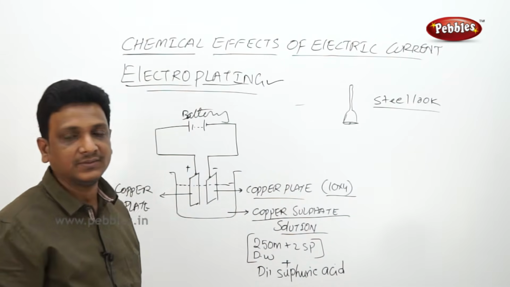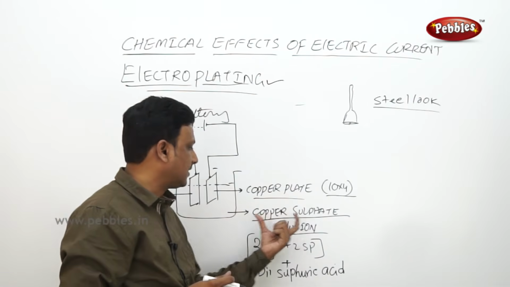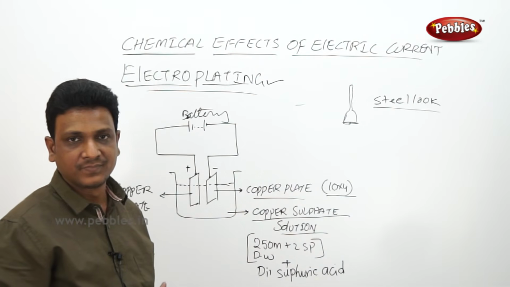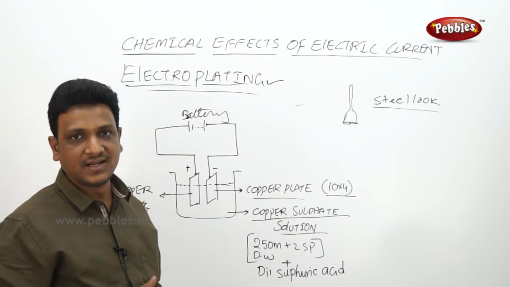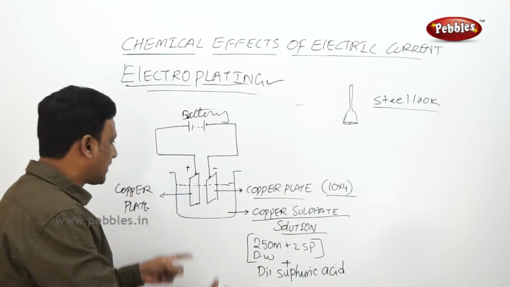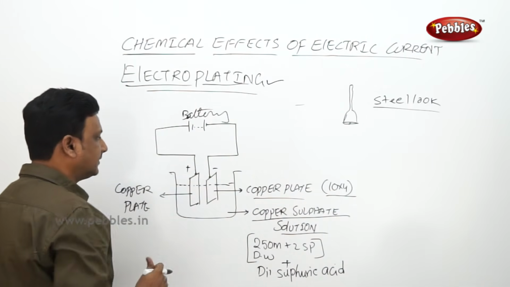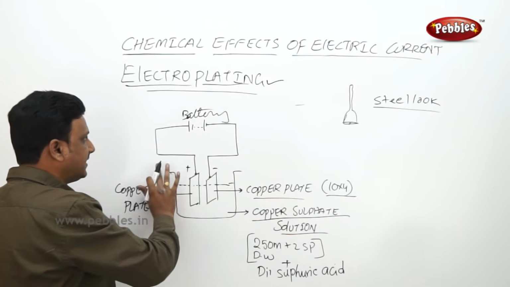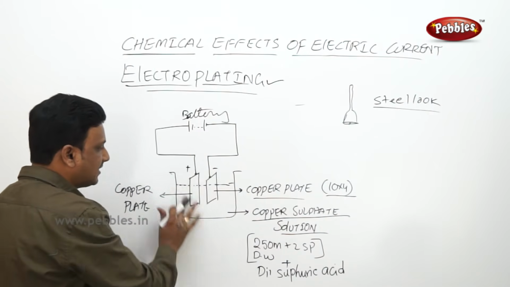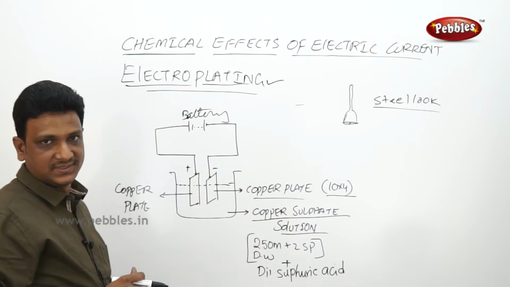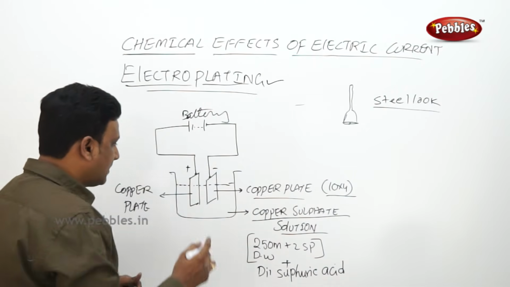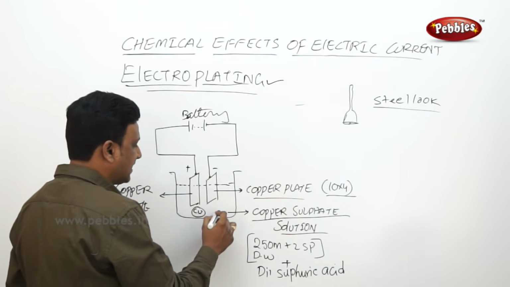The copper sulfate solution consists of two things, copper and sulfate. You keep the plates in the solution and connect it, so the electricity starts flowing through this solution. Now what happens? The solution contains copper as well as sulfate.